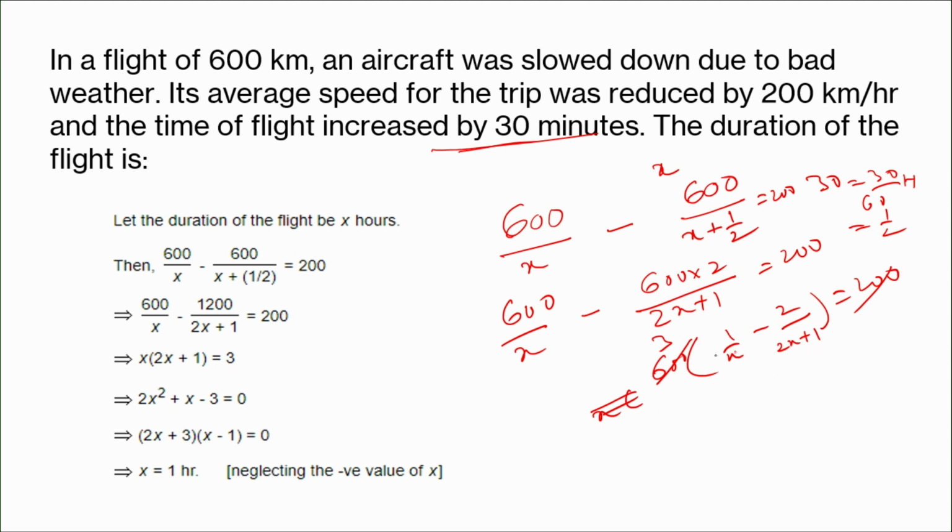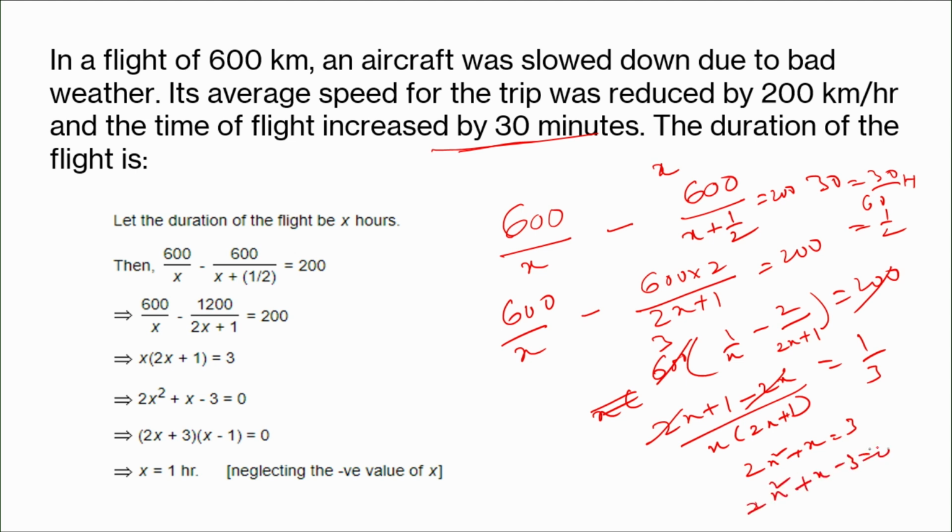Then it becomes 2x plus 1 minus 2x by x into 2x plus 1 equal to 1 by 3. Cross multiplying, 2x square plus x is equal to 3, or 2x square plus x minus 3 equal to 0.